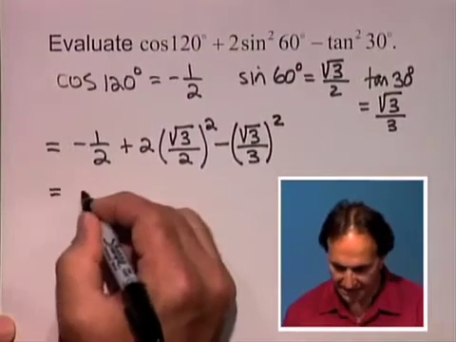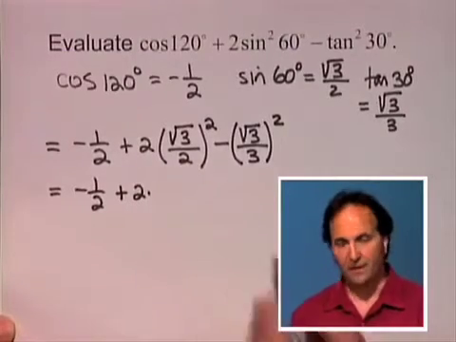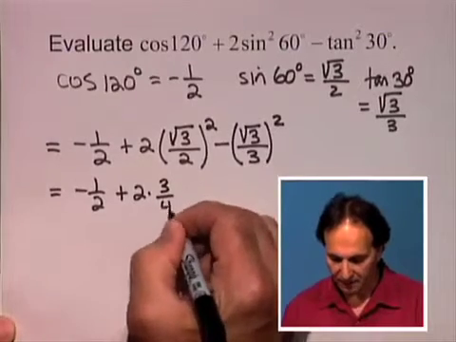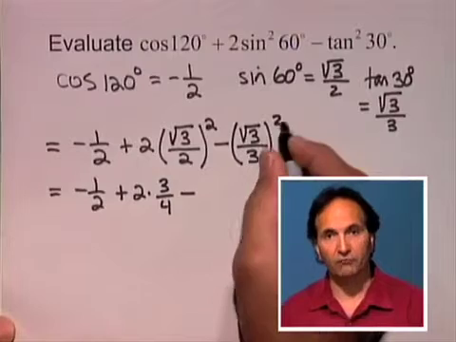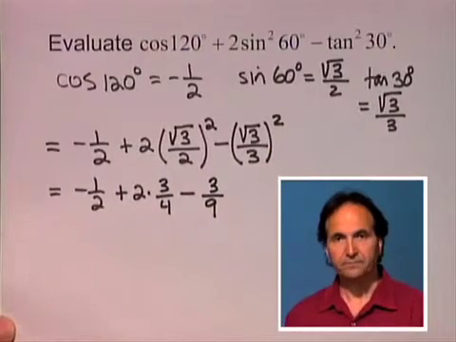We would have negative 1/2 plus 2 times square root of 3 over 2 squared, which is 3/4, minus the square root of 3 over 3 squared, which is 3/9.